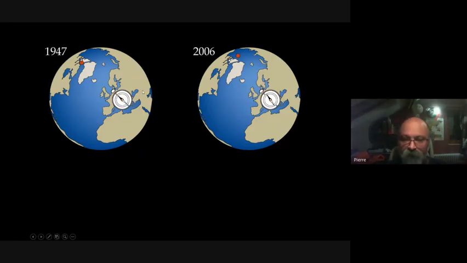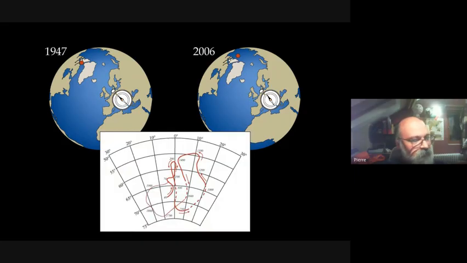And this movement of the North geomagnetic pole is recorded in different elements, for example, brick, lava flow, etc. And it is possible to follow the movement of the North geomagnetic pole for at least the last 3-4 thousand years.